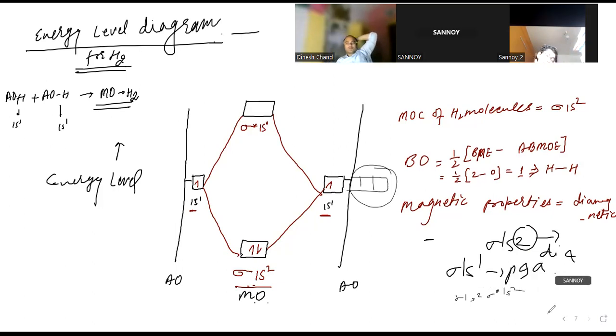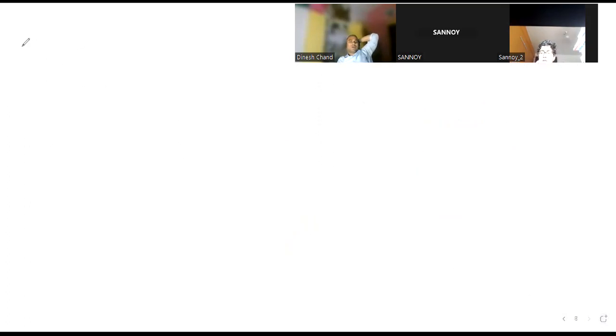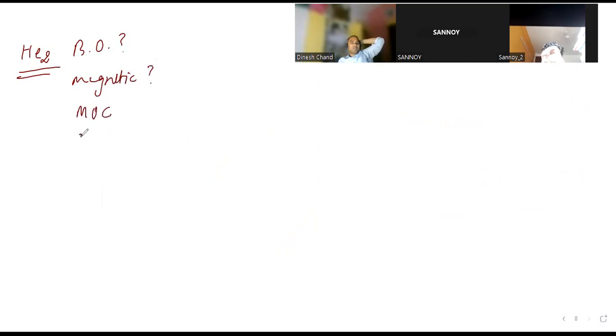Good. Now you draw for He2 and find the bond order, the magnetic properties, the molecular orbital configuration and the energy level diagram.